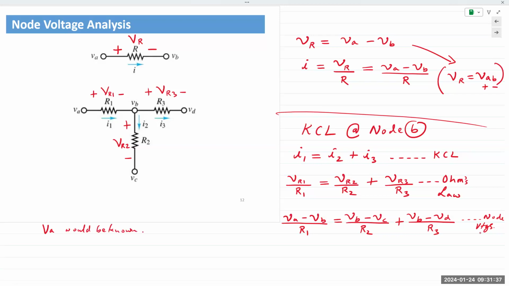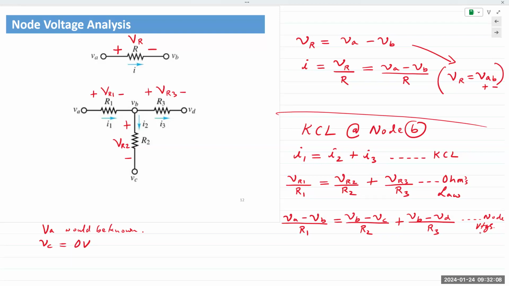And if we chose C as a reference node, then what would be the value for VC? 0, because that's a reference node. At the beginning of the analysis, we are choosing VC as the reference node. Whichever node you choose as the reference node will have a value of 0 volts for that particular analysis.